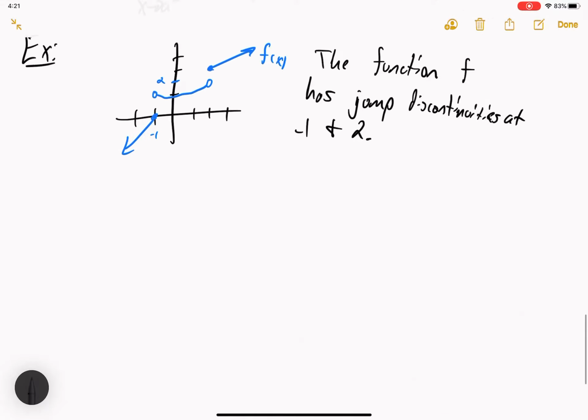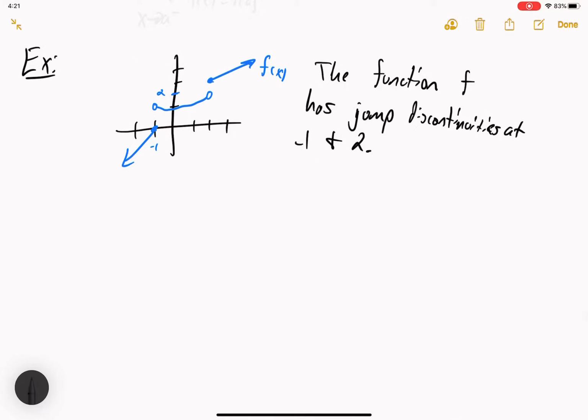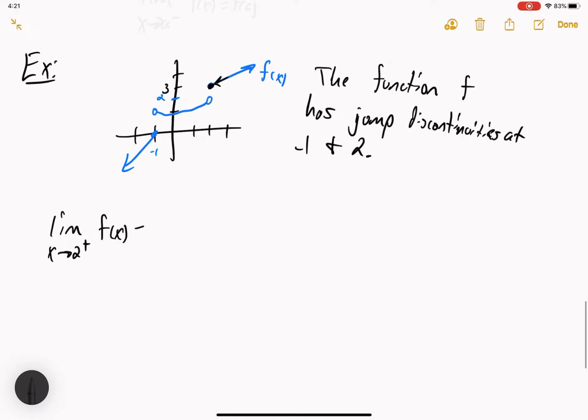But there's one thing that we do have. We have the limit as x goes to 2 from the right. As we approach 2, we have the filled in circle right here. So the limit as x goes to 2 from the right of f of x is equal to 3.